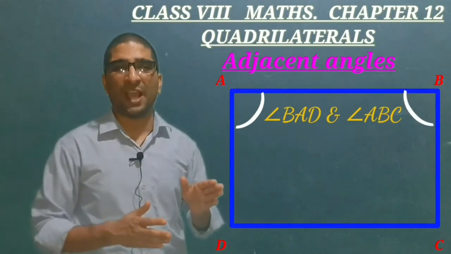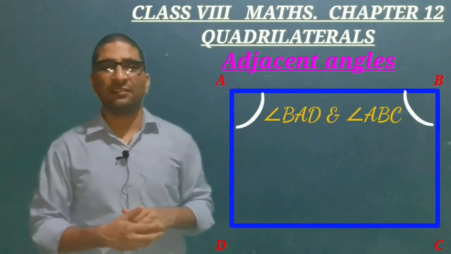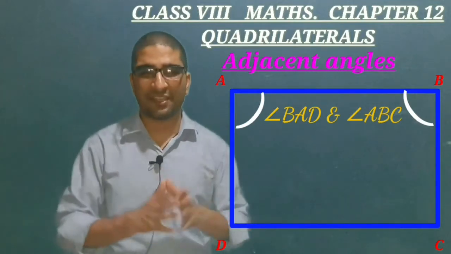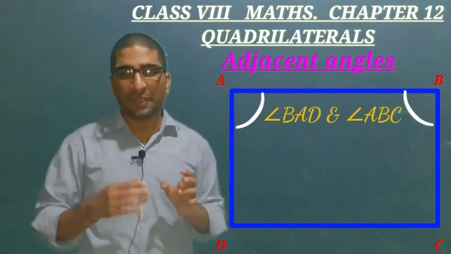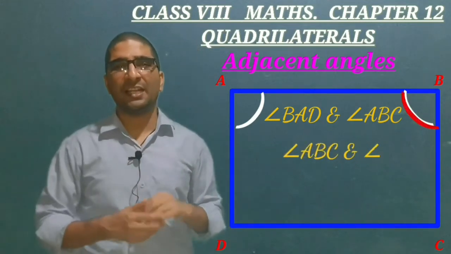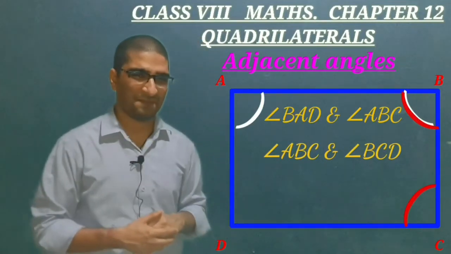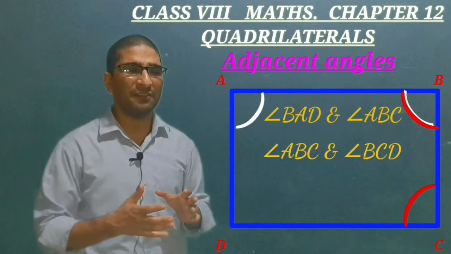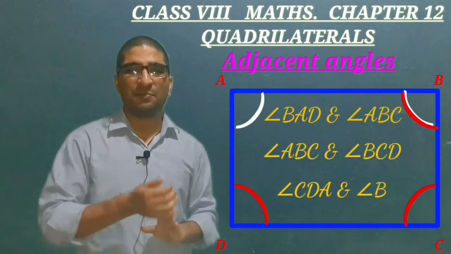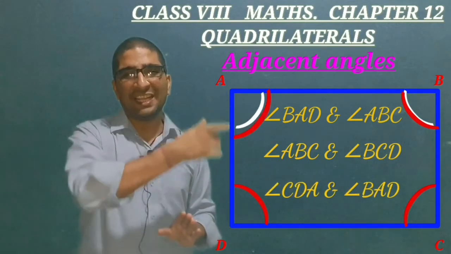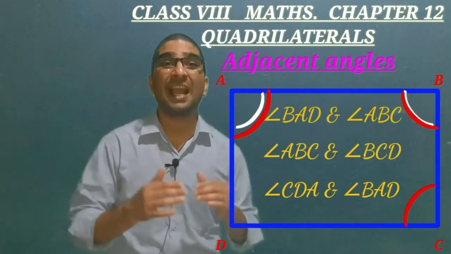That's why these two angles are adjacent angles. BAD and ABC are adjacent angles because they have a common arm, that is AB. Similarly, angle ABC and angle BCD are adjacent angles. Similarly, CDA and BAD are also adjacent angles.